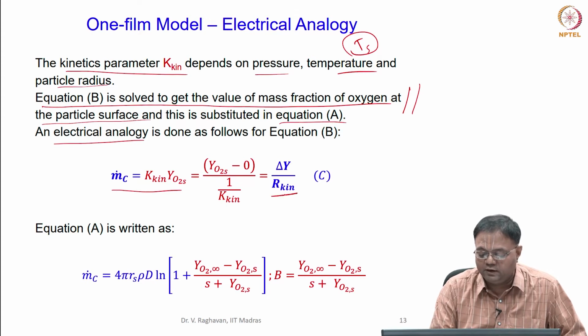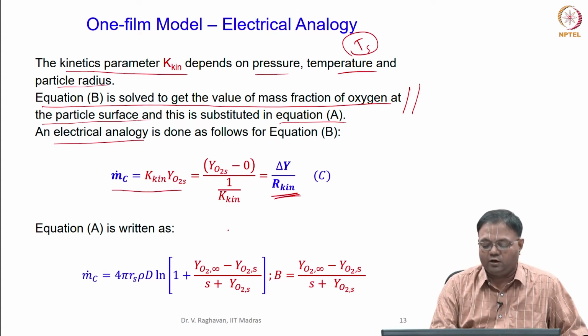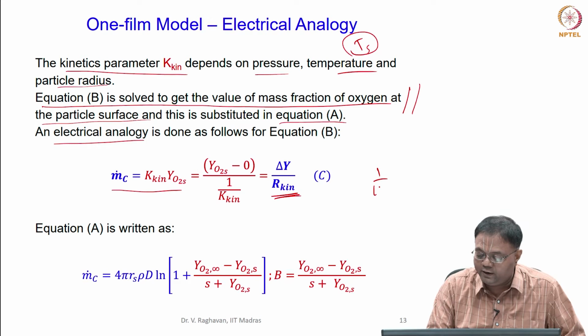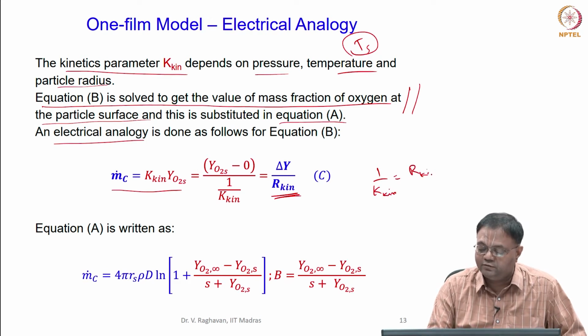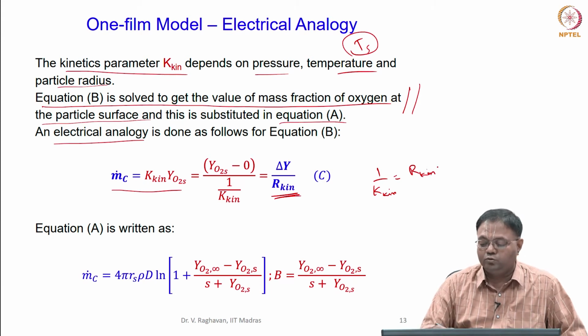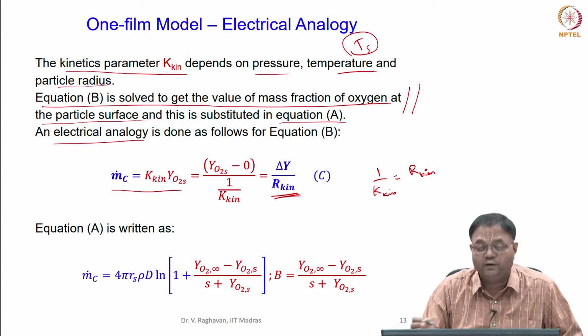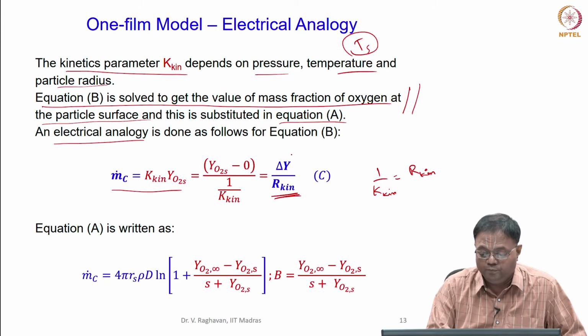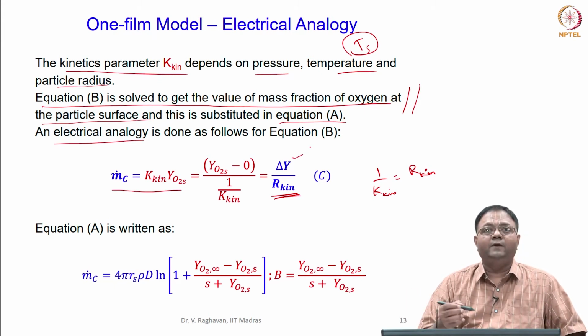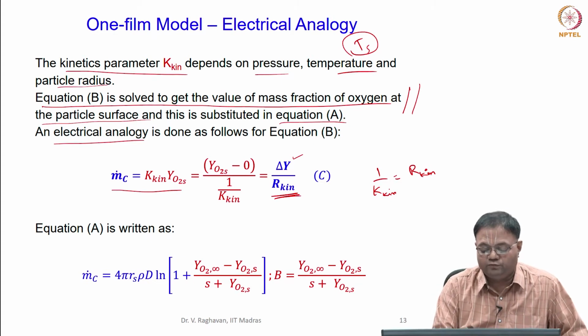So this is the resistance R kin. This 1 by k kinetics is called R kinetics. That is the resistance offered to the kinetics at the surface. So what is driving the combustion reaction is the gradient of this. Okay.